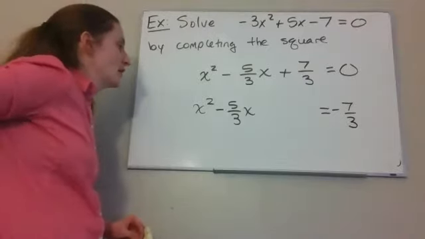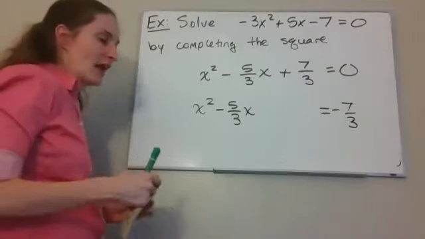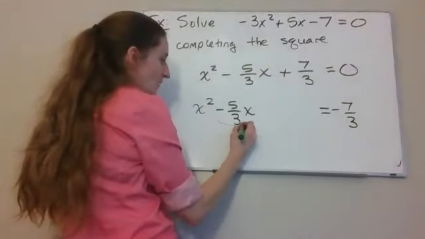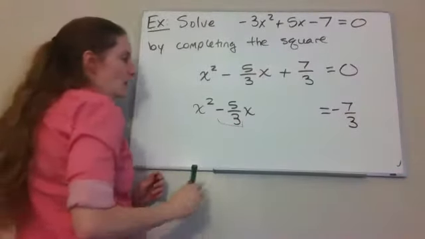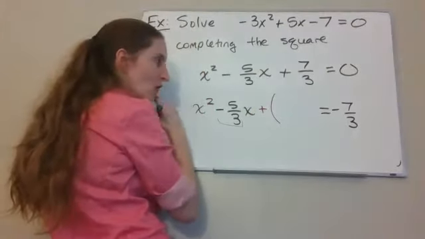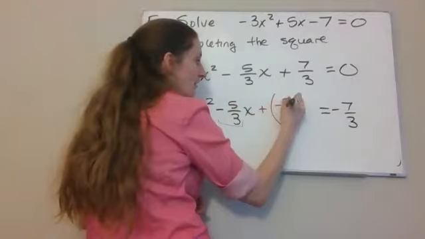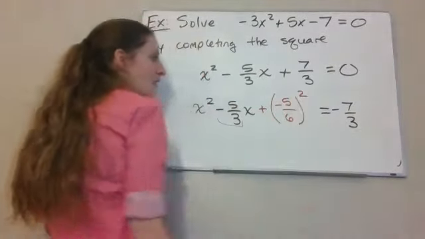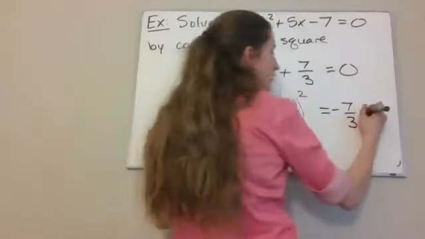So remember, the b over 2 that we're going to be looking at is using my new b, negative 5/3. So I'm adding my negative 5/3 over 2, that's negative 5/6 squared, to both sides of this equation.